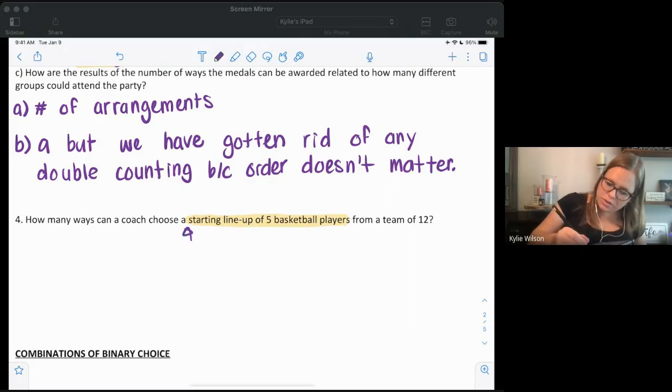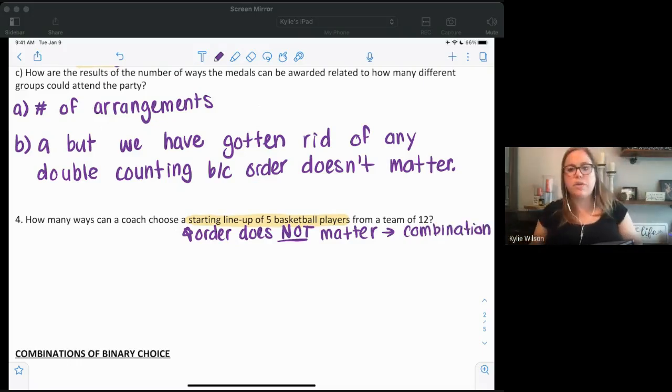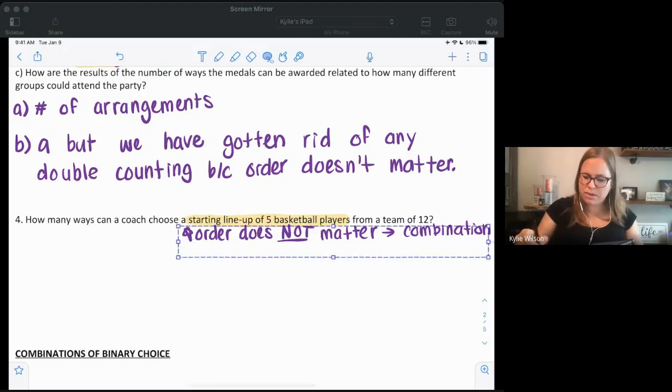So order does not matter. That means it's a combination. Right? If we were assigning specific roles, then that would be a permutation. But because we're not, we're just picking 5 people, that's a combination.